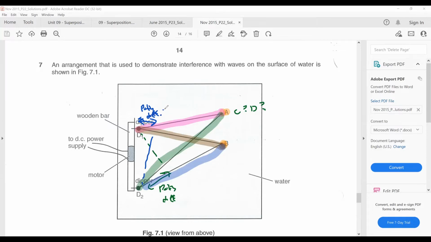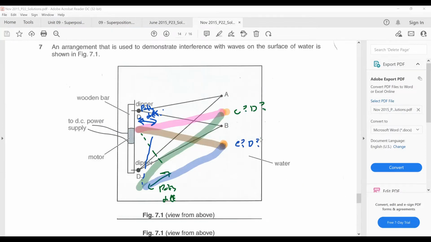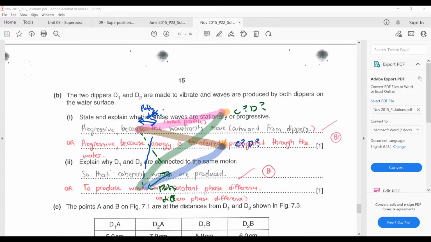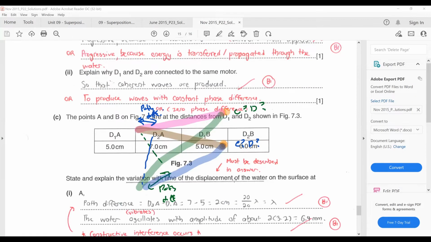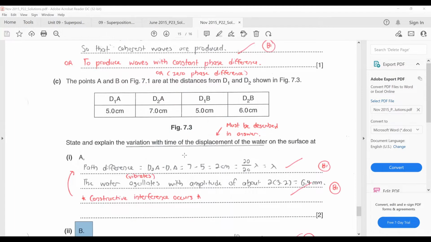They again will determine whether this is constructive or destructive. They've already given you the distances over here: D1A, D2A, D1B, D2B. So they want you to determine the variation with time of the displacement of the water wave at those specific points.